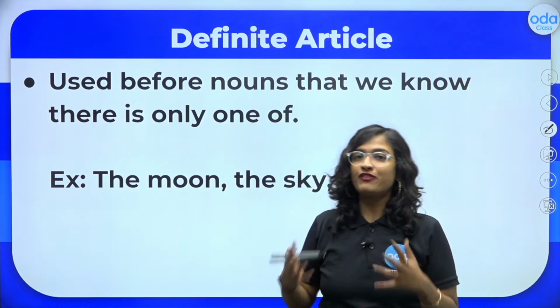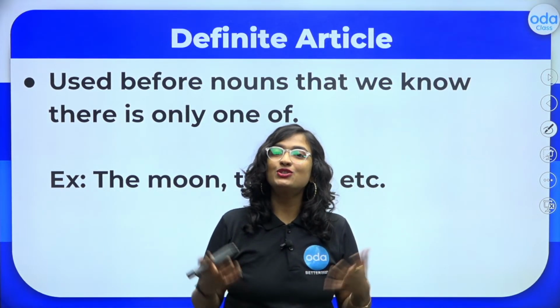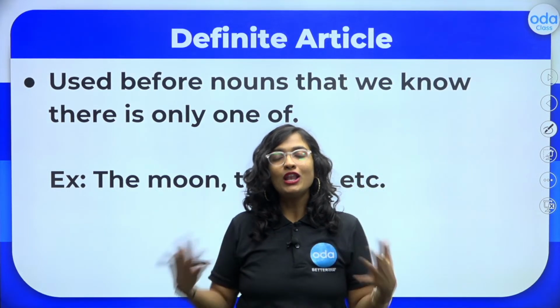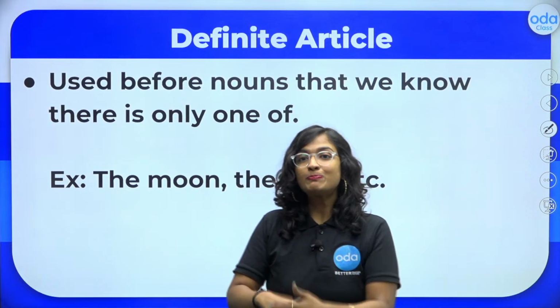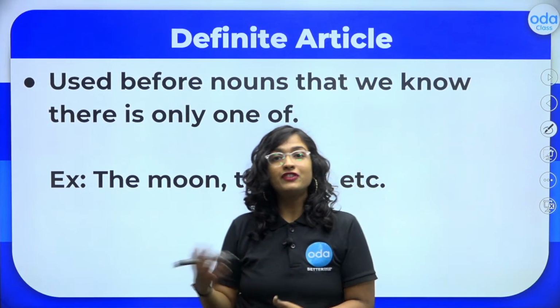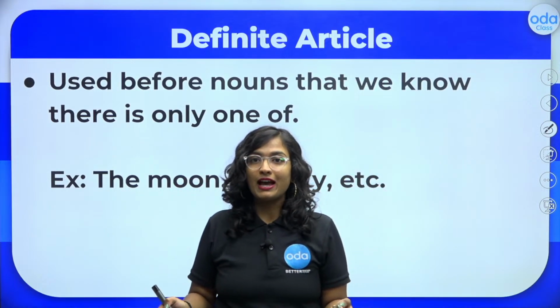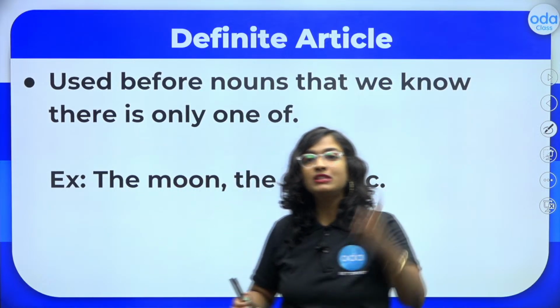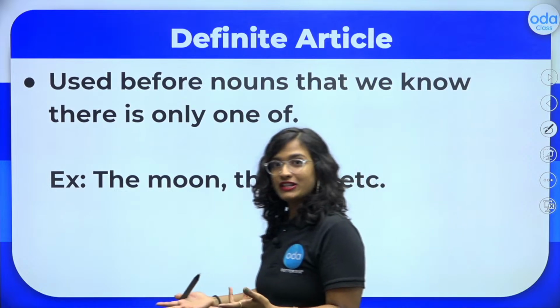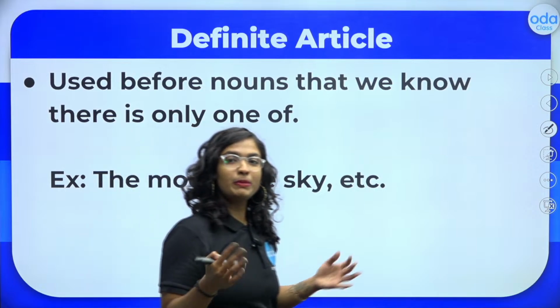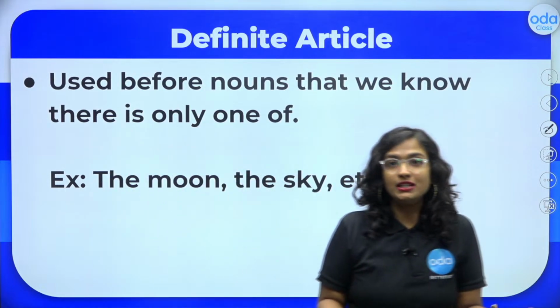Whenever we speak of a noun that we know there is only one of, right? For example, students, all of us on earth, whenever we refer to the moon, we are referring to the one moon that we have, the one moon that we see every day. So that is why, kids, before moon, I will use the.